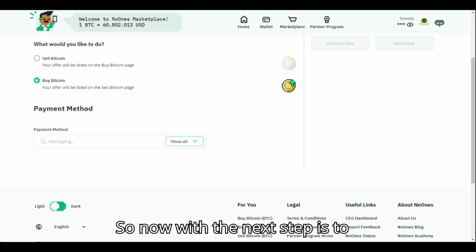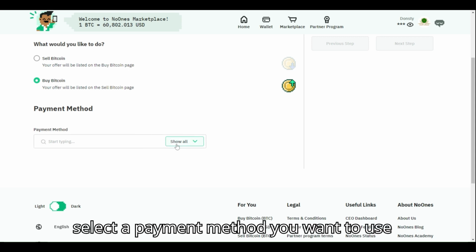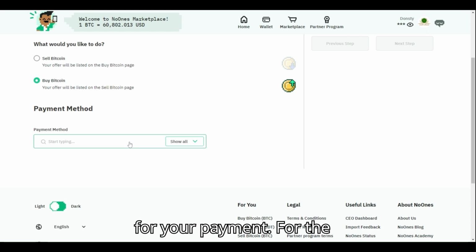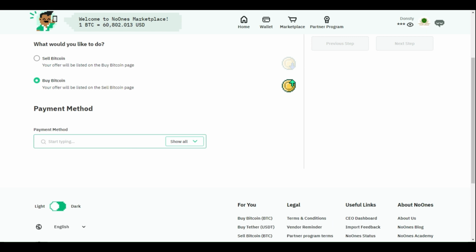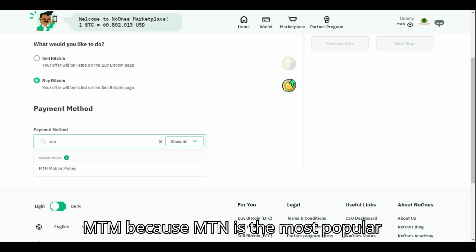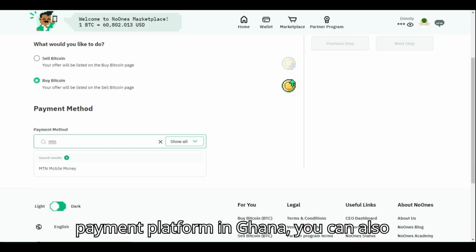So the next step is to select the payment method you want to use for your payment. For the purpose of this video, I'm going to use MTN, because MTN is the most popular payment platform in Ghana.